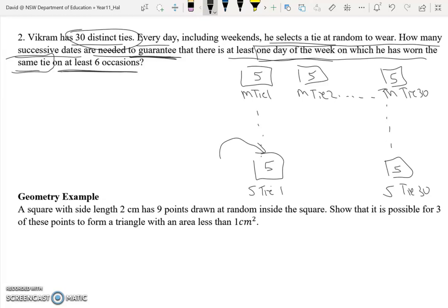Firstly, we want to know how many, I'll call them tie day pairs. There are 30 distinct ties and there's 7 days in the week. So by the fundamental counting principle, there are 210 tie day pairs that are possible, and they are the pigeonholes.